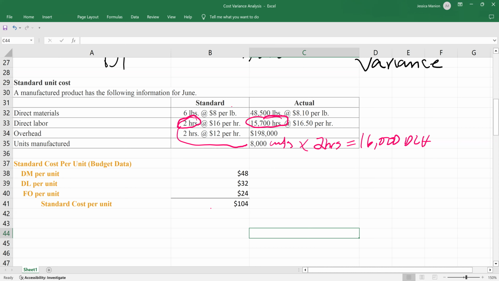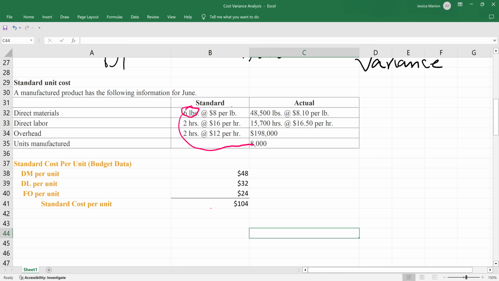variance there, right? The other part of this, again, we can make educated guesses here. We had a standard of $16 per hour. We actually spent $16.50. Again, that's going to be unfavorable. And then material usage or quantity, 6 pounds of material per unit.